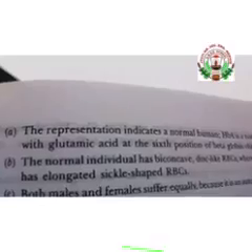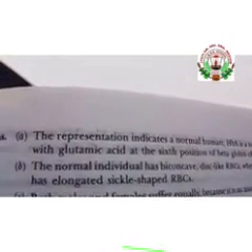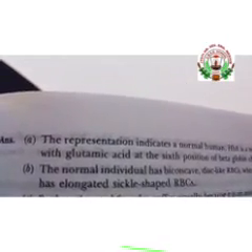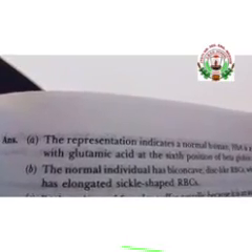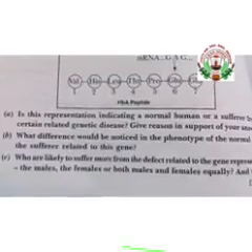In normal individuals, they have biconcave, disc-shaped RBCs, whereas in the victims, they have elongated sickle-shaped RBCs. So you would have understood this is sickle cell anemia. If glutamic acid is replaced by valine, then the shape of the RBCs gets converted to sickle-cell shape.